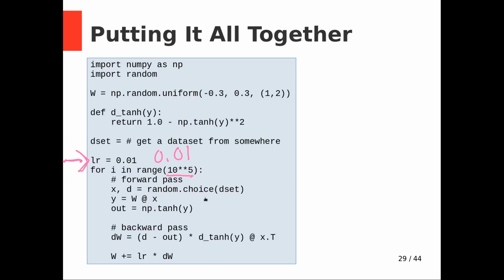We are going to use the Python random module to pick a random element, a random input and label, x and d, out of our data set. So I am using tuple unpacking here, which means that I am assuming that data set is a list of x and d pairs, right?